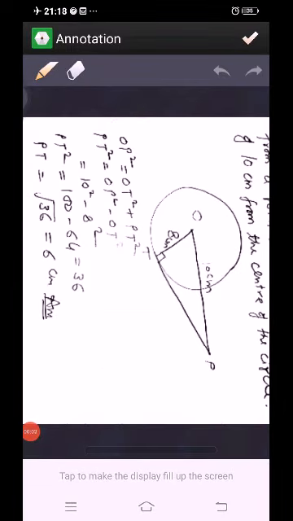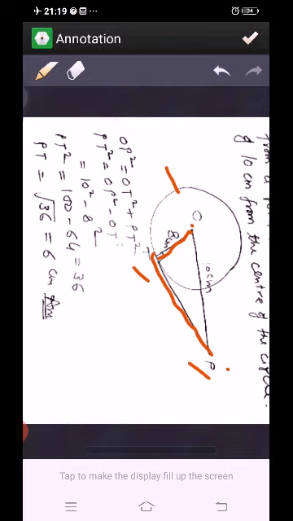So here we have drawn this circle. This is the tangent drawn, that is PT, and OP is the distance from the point to the center of the circle, given as 10 cm. The radius of the circle is given as 8 cm. We have to find the length of this tangent.